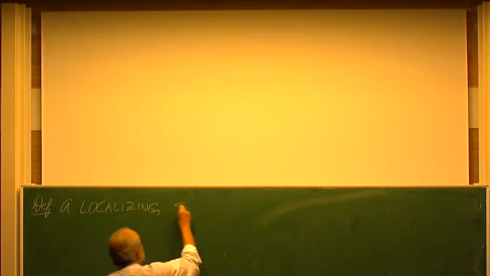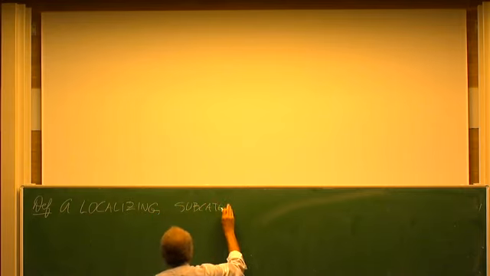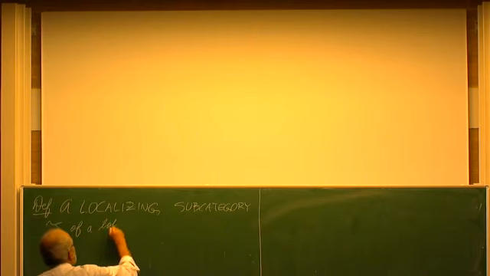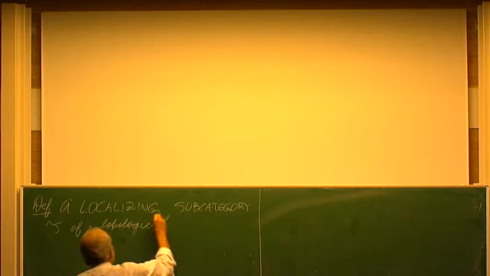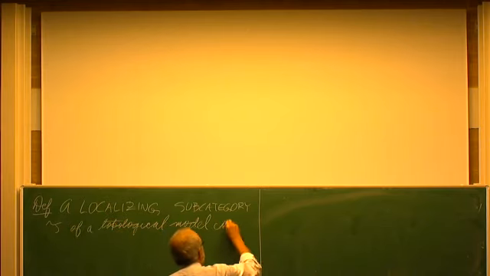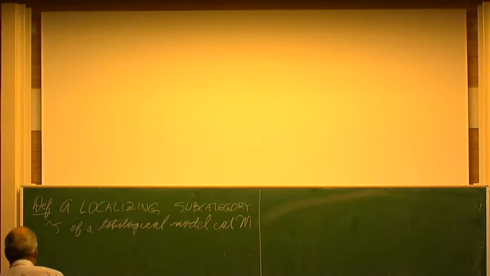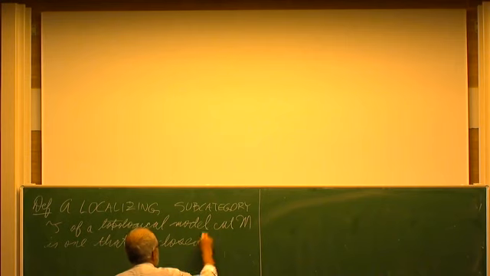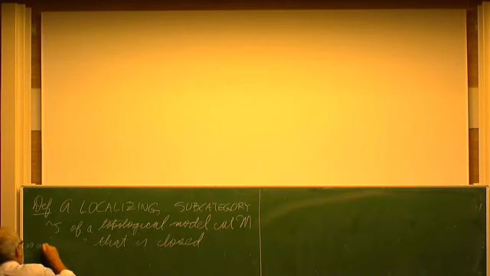Okay, so here's a definition. A localizing subcategory tau of a topological model category M is one that is the subcategory that's closed under three operations.